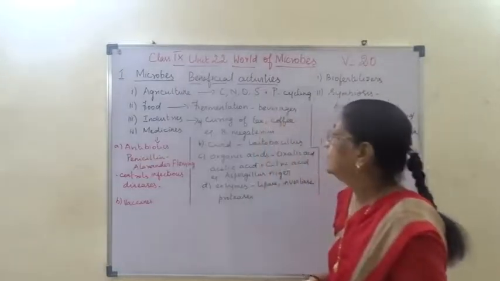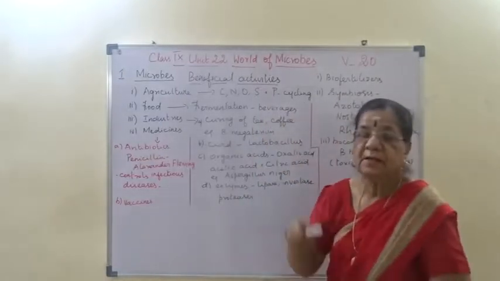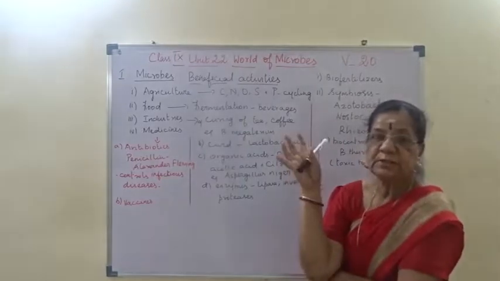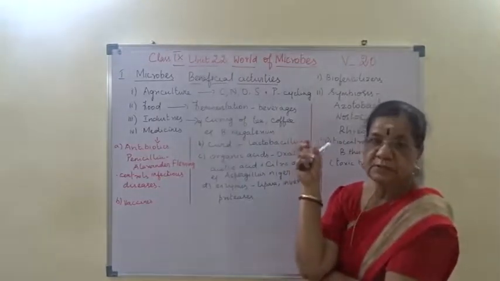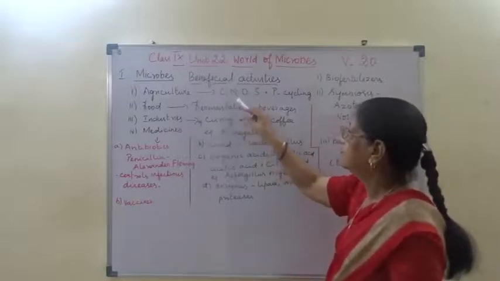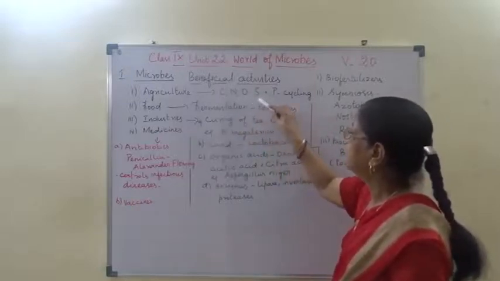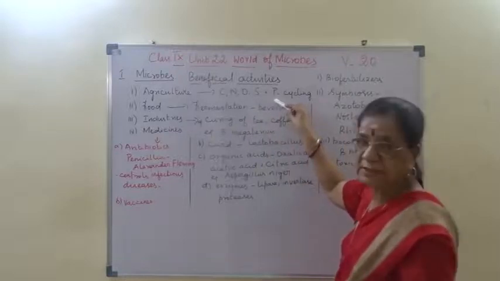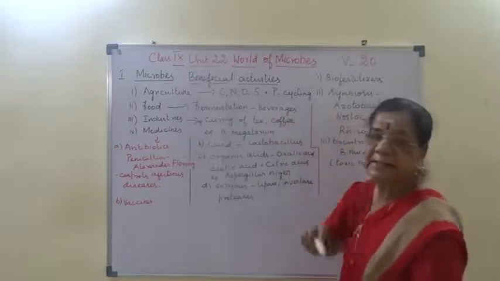So now, first agriculture: for soil enrichment with the nutrients, which are carbon, nitrogen, oxygen, sulfur and phosphorus, they are cycled back.